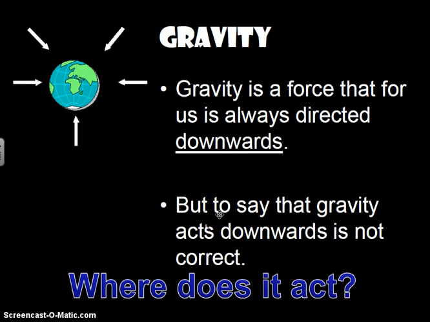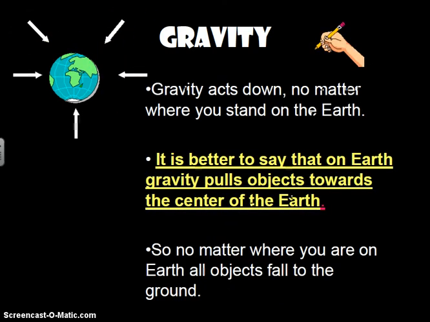The force is always directed what we call down. But down to me is going to be a different direction from down to somebody in Asia or Antarctica or Africa. And so it's really much more accurate to say that it points toward the center of the Earth, just like it does in this picture. So no matter where you are on the Earth, when you point down, usually that's the way that gravity is going.